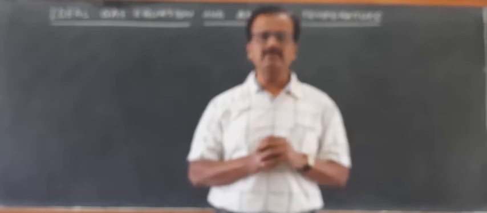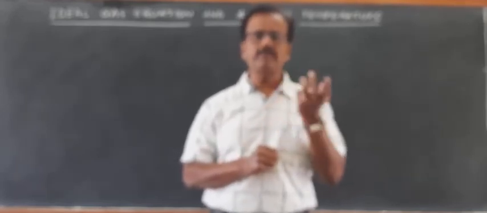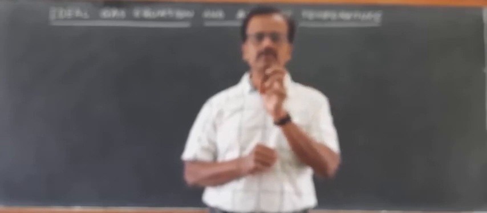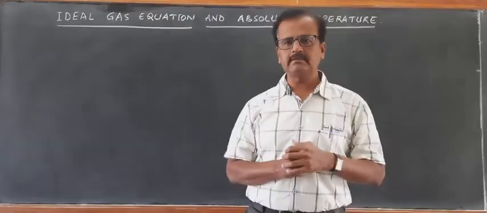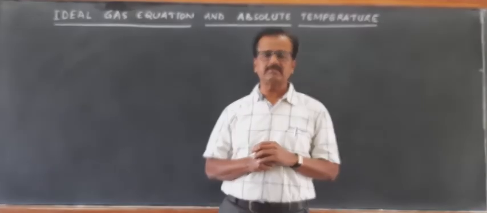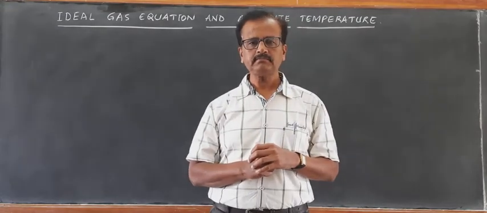So that is the advantage of gas filled thermometers, or we can call them constant volume gas thermometers. Before we learn about the constant volume gas thermometer, we must know the properties of gases, right?